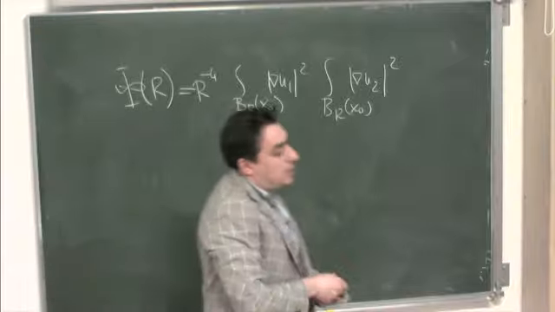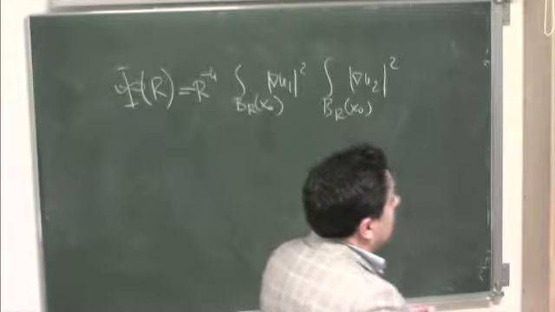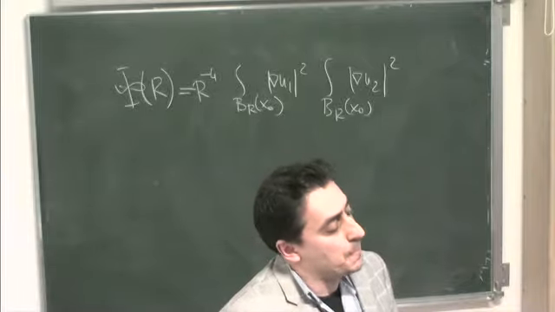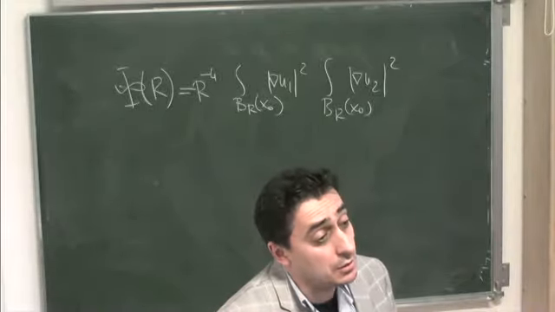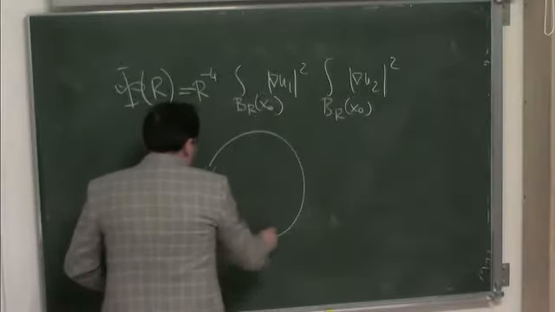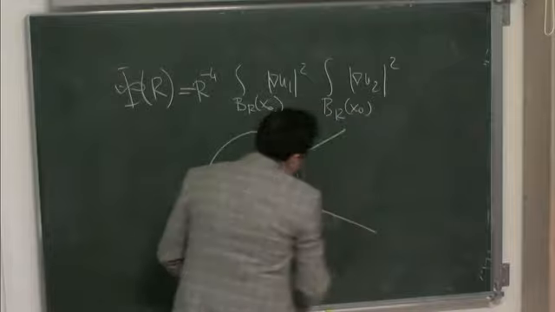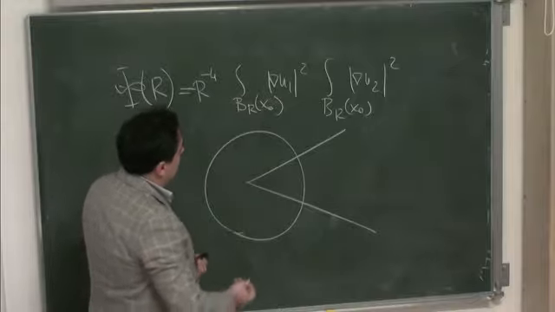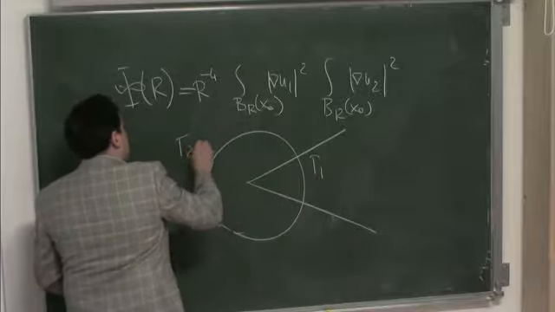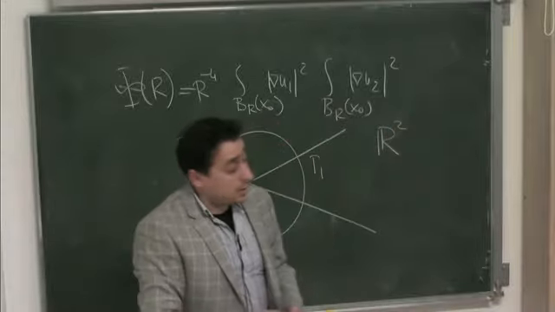If you take the logarithm of this phi and compute its logarithmic derivative, then you're going to end up with something related to the lowest eigenvalues of the Laplace-Beltrami operator on a circle. More precisely, you're going to face the following situation: say you have two complementary cones, gamma 1 and gamma 2. Again, this is the picture in R2.